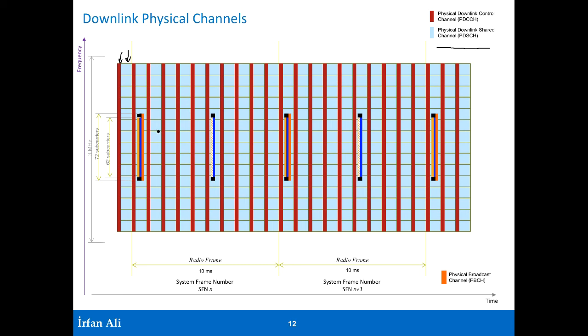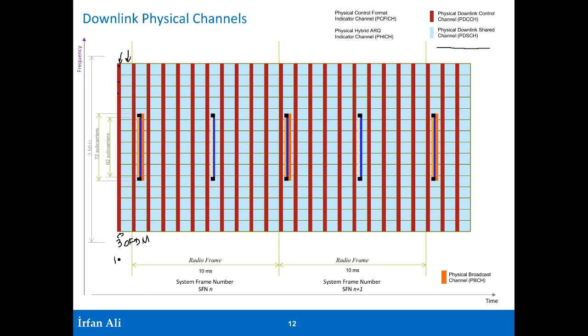In addition to these two channels, there are some other control channels that are also present. There is something called the physical control format indicator, and that is present in the very first symbol of every subframe. It's got a few network elements, and as I just said, the physical downlink control channel is 3 OFDM symbols wide. It's not always 3 OFDM symbols wide.